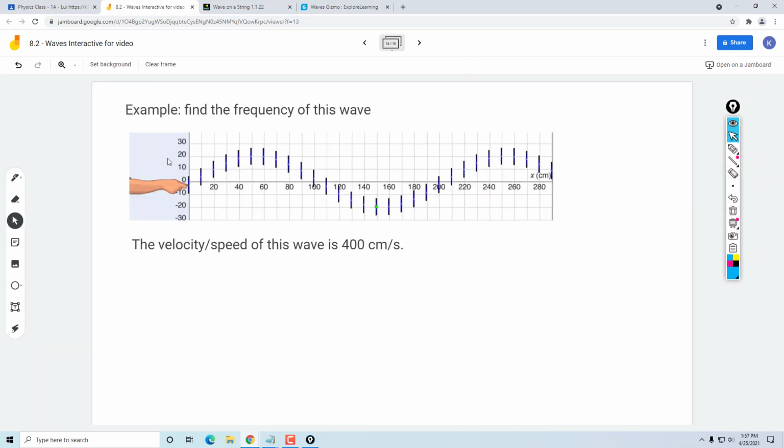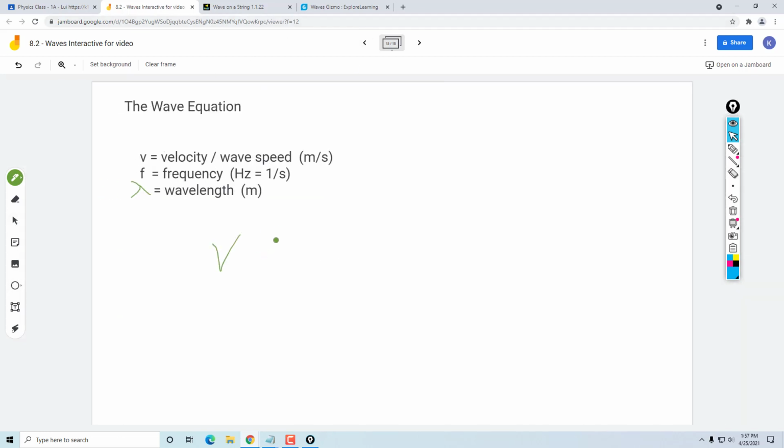For example, with this wave, we're told velocity is 400. Well, what we know is that the velocity is the wavelength times the frequency. Why is that true? Well, velocity is distance over time.